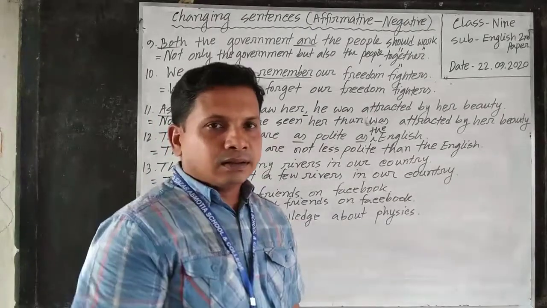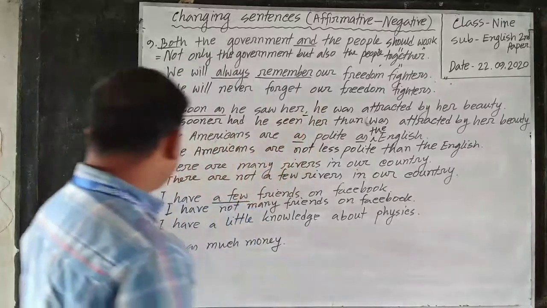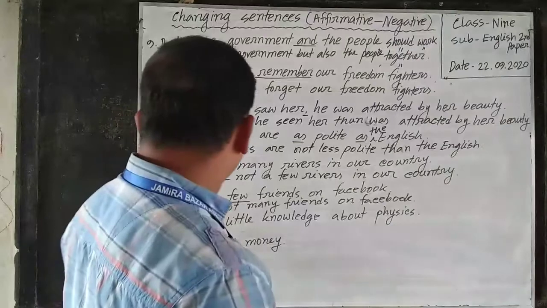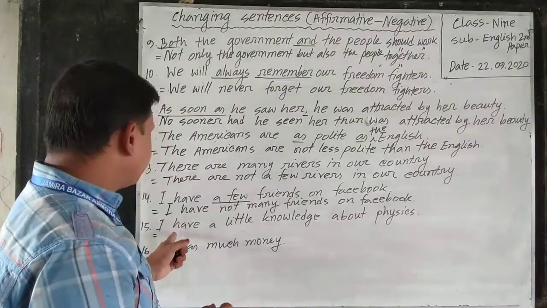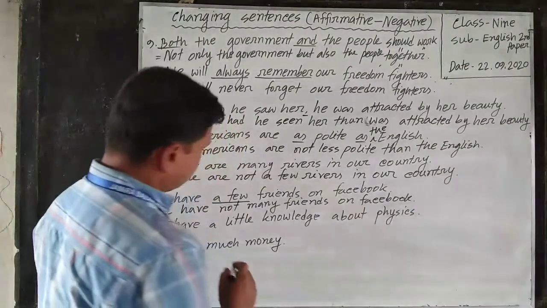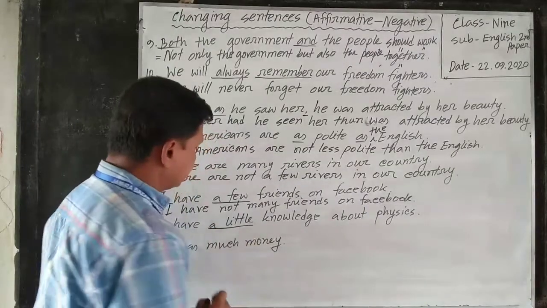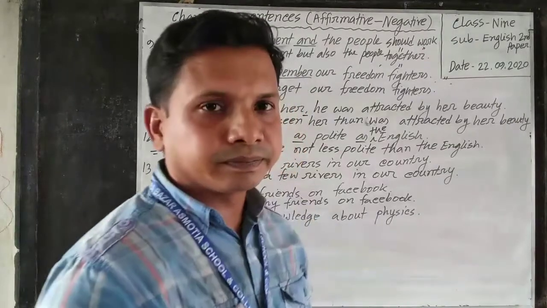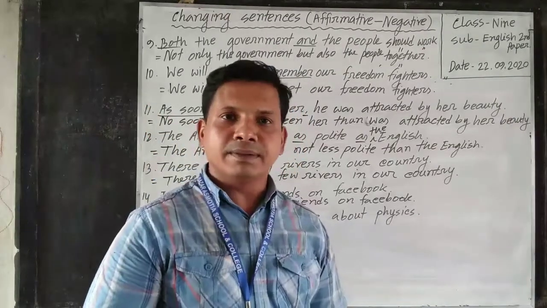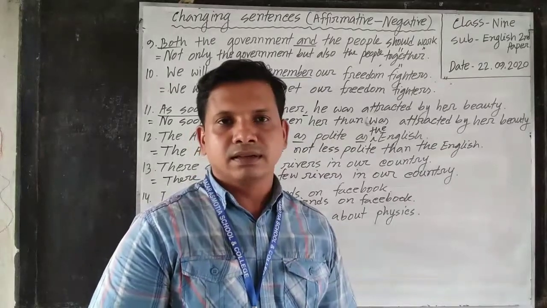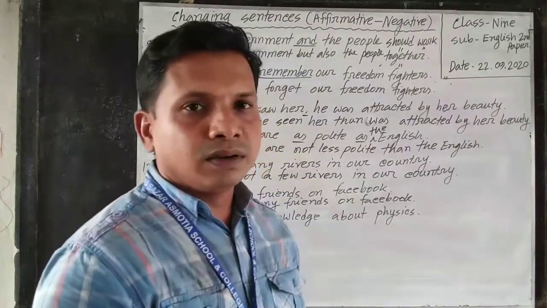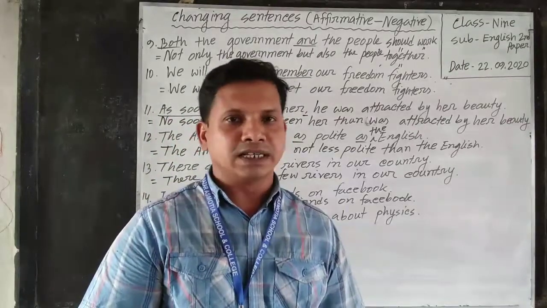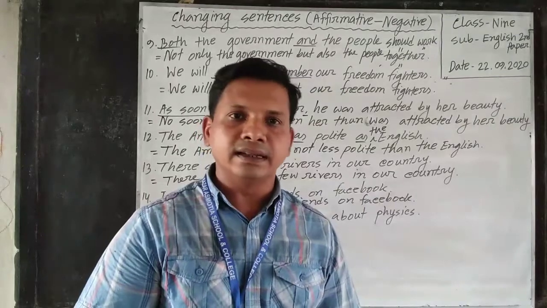Now I am going to solve the number 15 sentence. The number 15 sentence contains the phrase a little. We know if any affirmative sentence contains a little, we will use not much instead of a little.